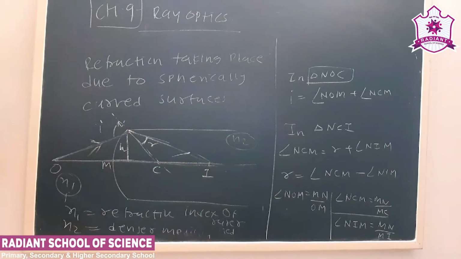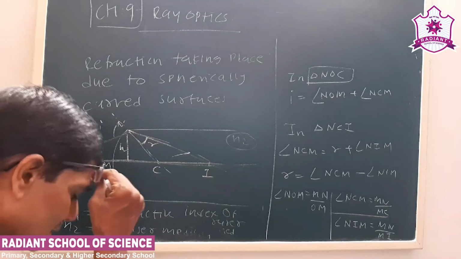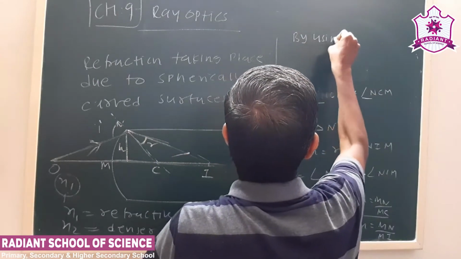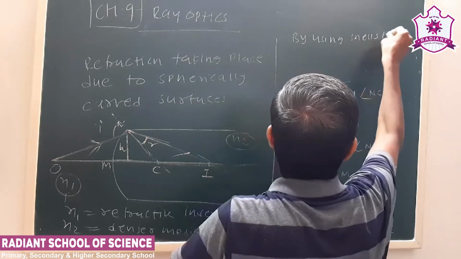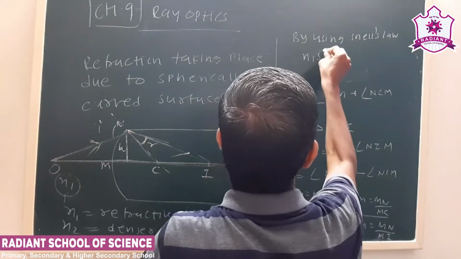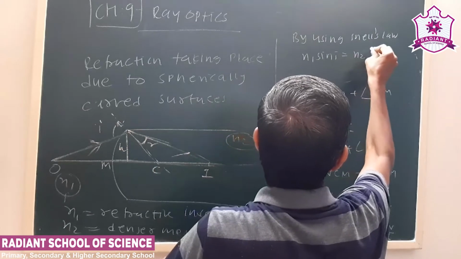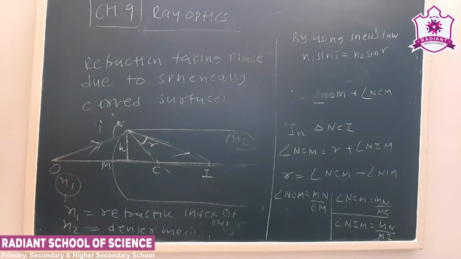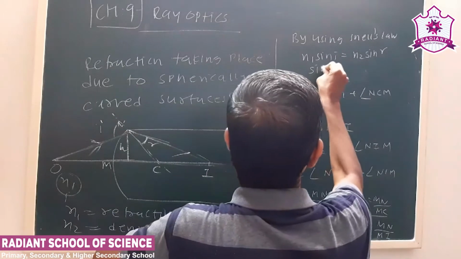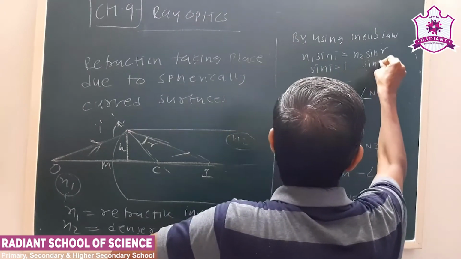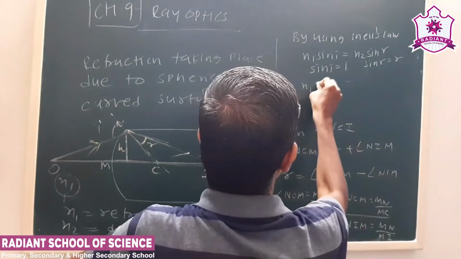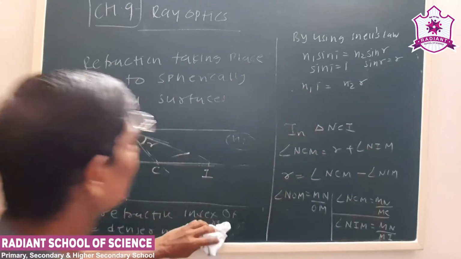Now these are very important. We use Snell's law: N1 sin i is equal to N2 sin r. Here i is the angle of incidence and r is the angle of refraction. When the angle is small, sin i is i and sin r is r. So N1 i is equal to N2 r.